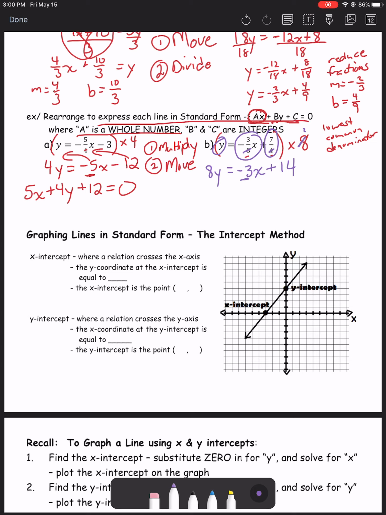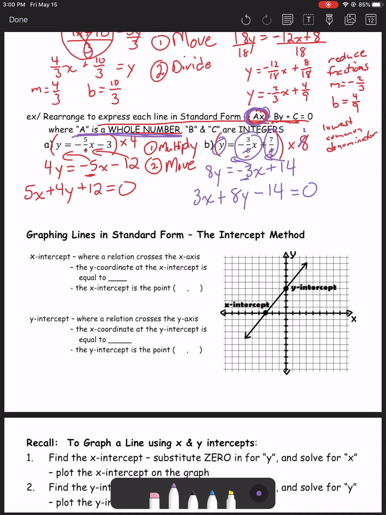If I was to move the 8y over to the right, that means that the coefficient on the x is still negative, and I want the coefficient on the x, the a, to be a whole number, and a whole number is a positive number. So I'm going to move the 3x and the 14 over to the other side. So 3x is going to be positive. The 8y is still positive. And when the 14 comes over, it becomes a minus, and you're done.